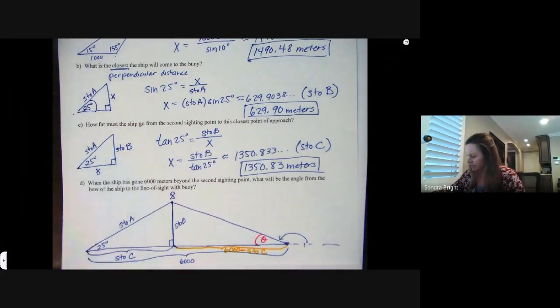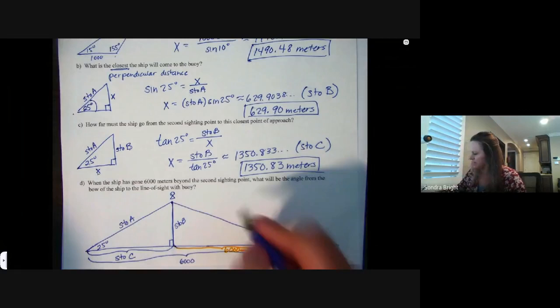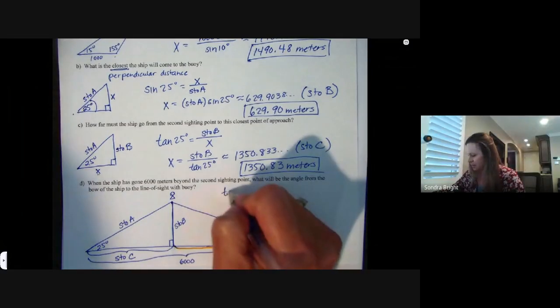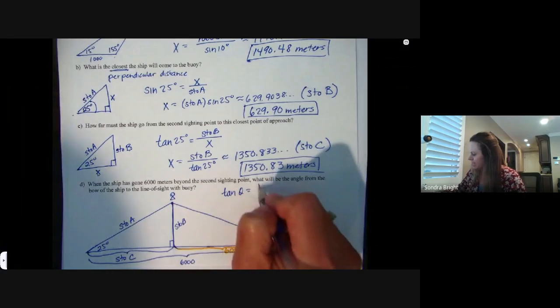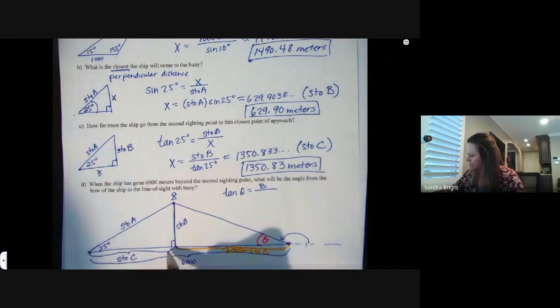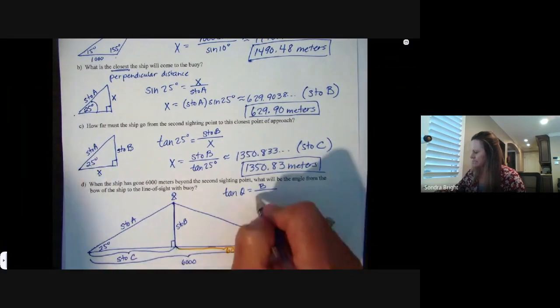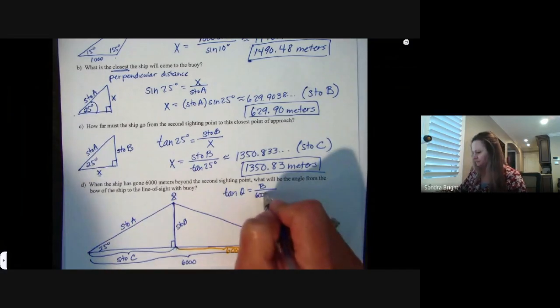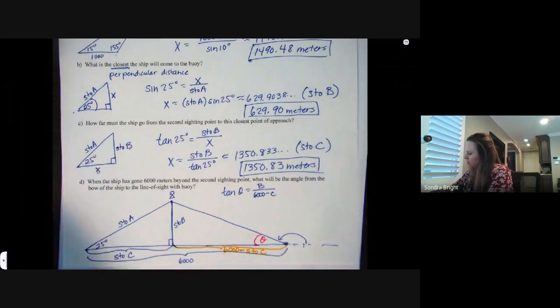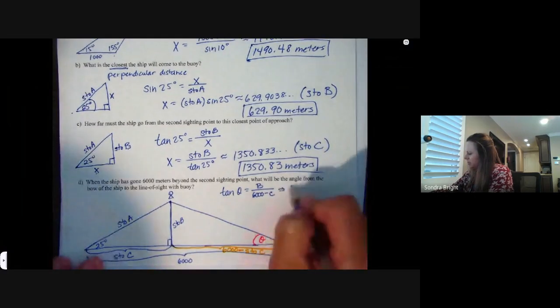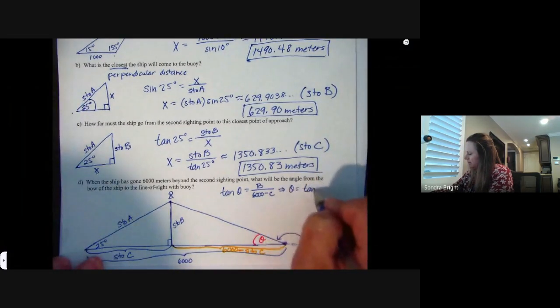Tangent of theta is the opposite side, B, divided by the adjacent side, which is 6,000 minus the stored C value. So theta will be inverse tangent of that.